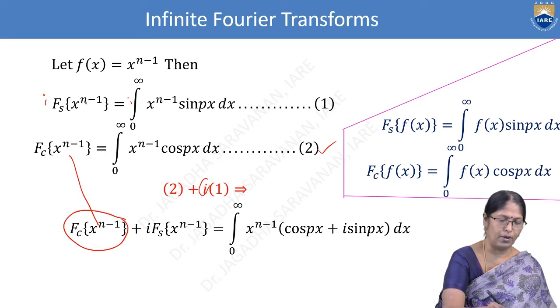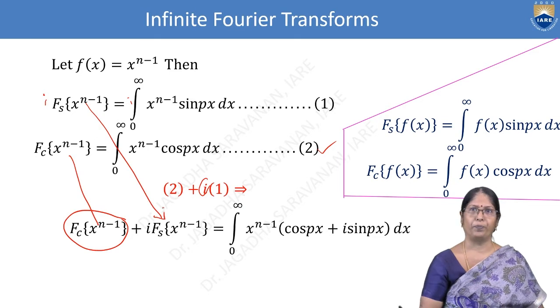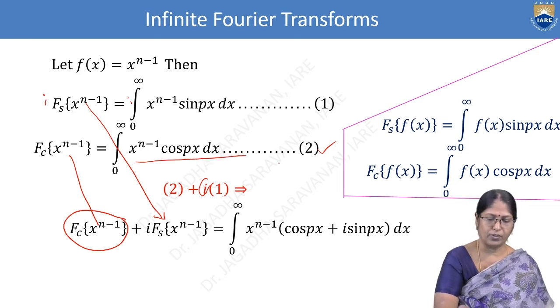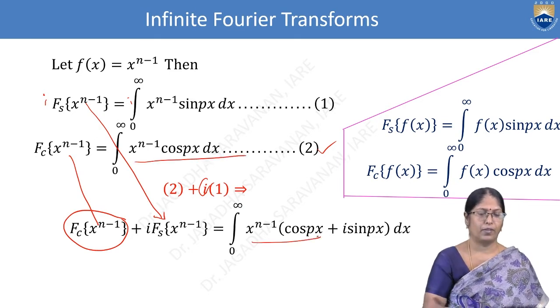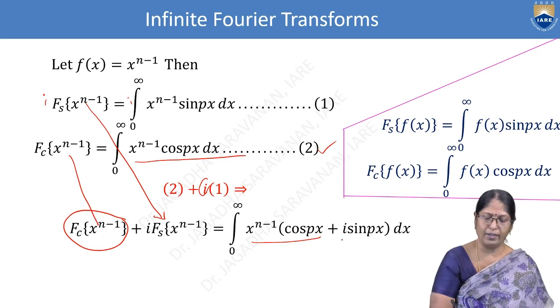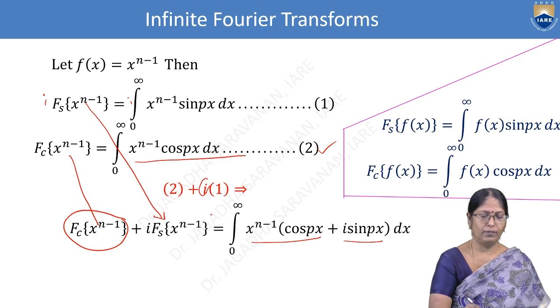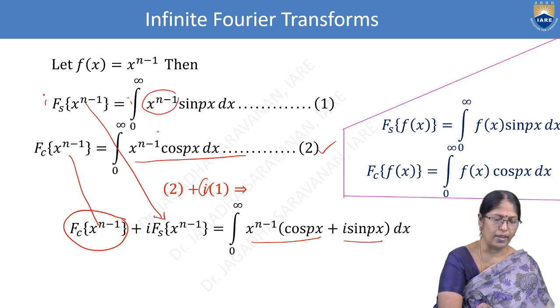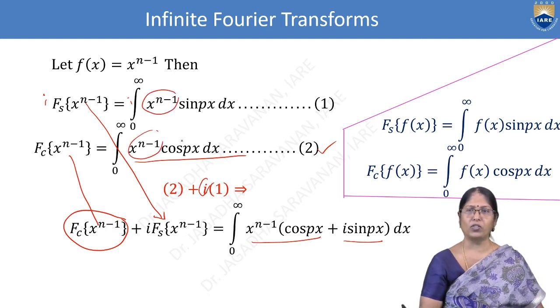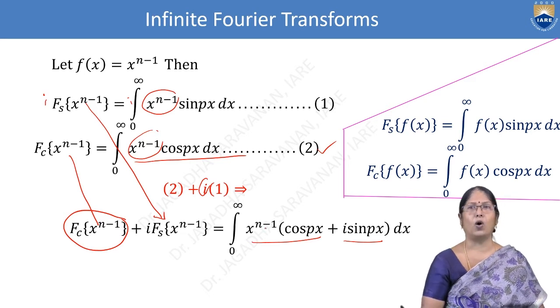This has come here. Now this part is written as it is. This part is multiplied by i. That's what here, i sin px. In both the terms x power n minus 1 is common. We have taken it outside.